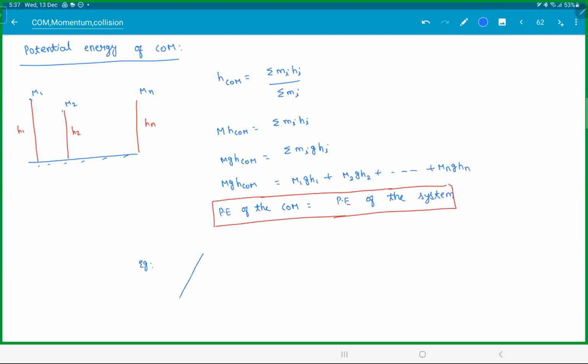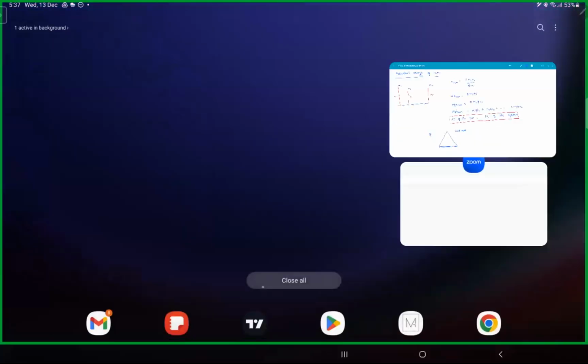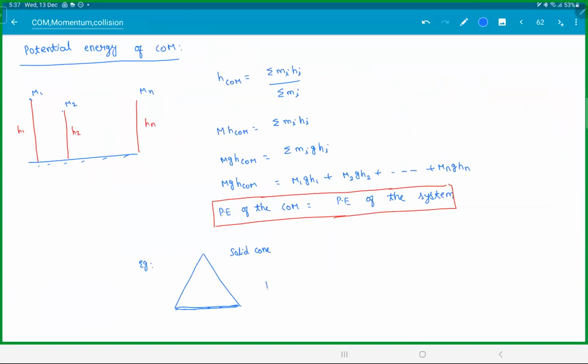Example. Let's take a solid cone. If someone asks you the potential energy of this solid cone, it will be mg h center of mass. The center of mass of the cone is at a height of h by 4. So mg h by 4. Clear? Check it out.